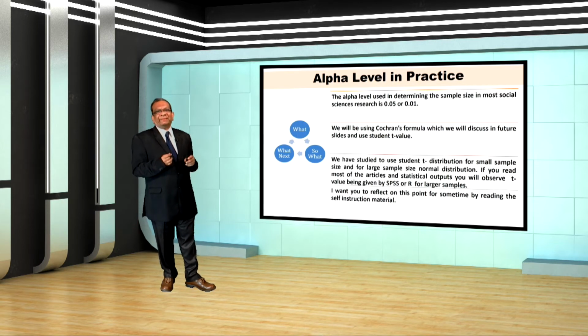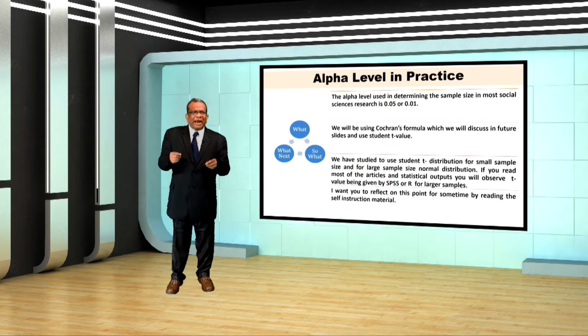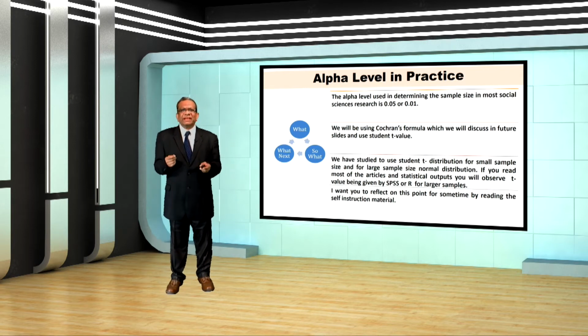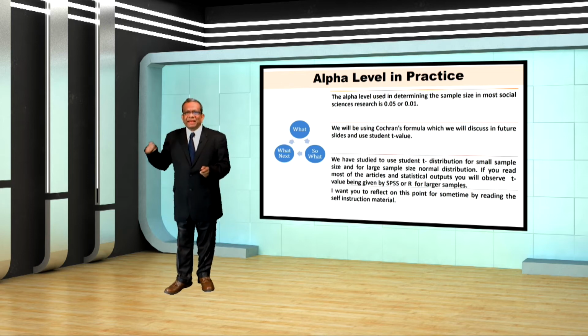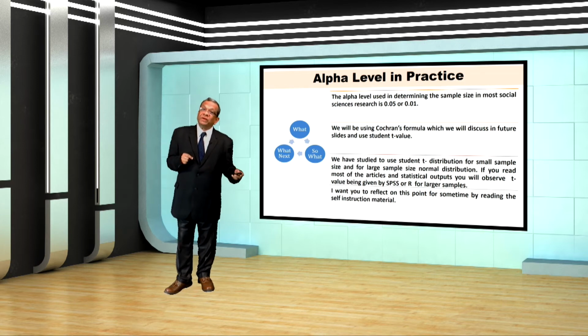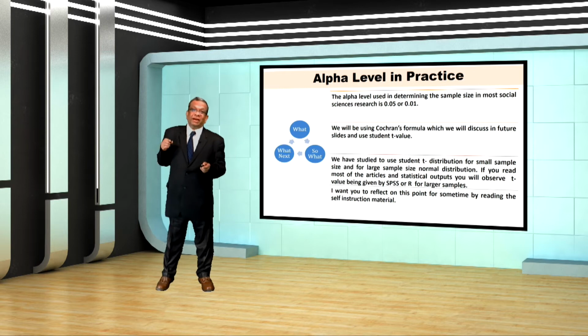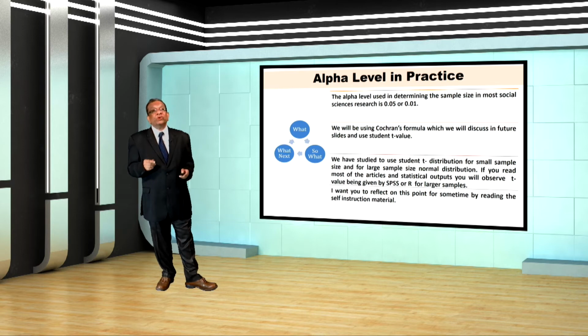Alpha level in practice. Now, in practice, as a social science researcher or a management researcher, the alpha level used in determining the sample size in most social sciences research is 0.05 or 0.01. We will be using the Cochran formula, which we will discuss in future slides, and use the student t-value.